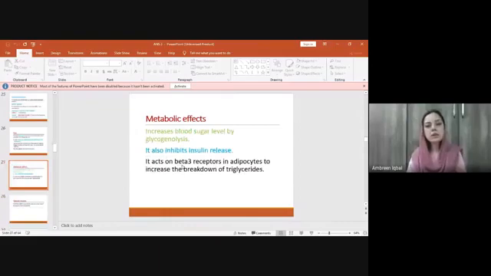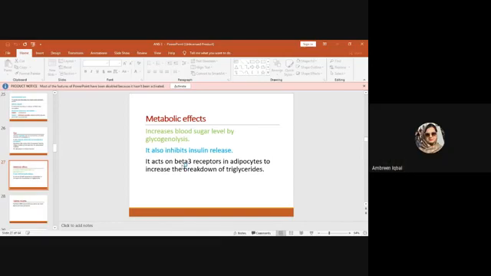Then there are some metabolic effects under the sympathetic system. They increase the blood sugar level by glycogenolysis. They also inhibit insulin through alpha 2 mediated action, and they also act on beta 2 receptors in the adipocytes and increase the breakdown of triglycerides. So we have studied the CVS, the blood vessels, the blood pressure, the vascular beds, the lungs, the GIT, the bladder, the pilomotor muscles, the detrusor muscles, and metabolic effects.